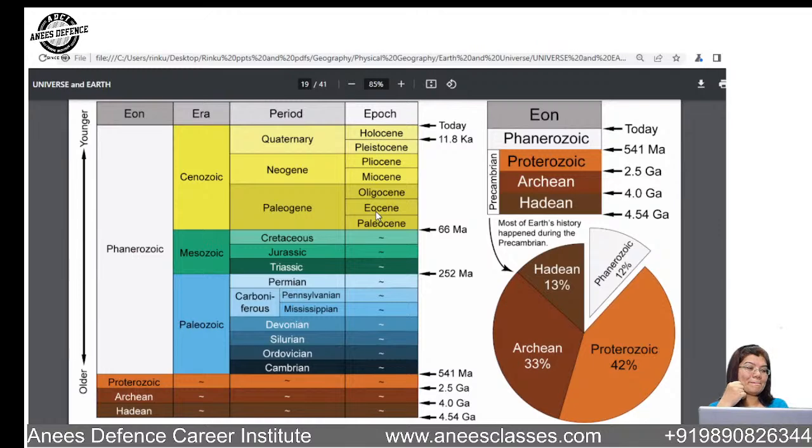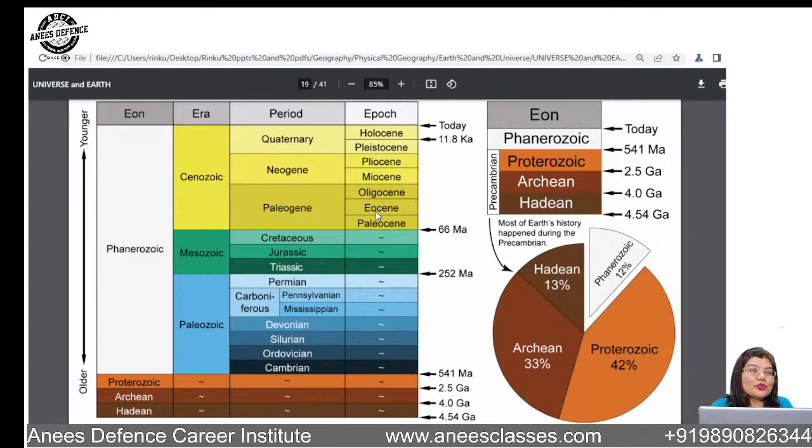Okay, now that we are armed with this particular knowledge, let's say you were asked to arrange in a chronological fashion, or in the order of their formation, a few geological features in the world.